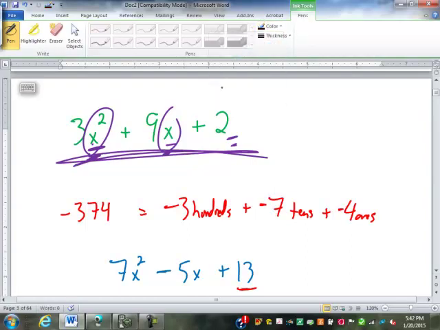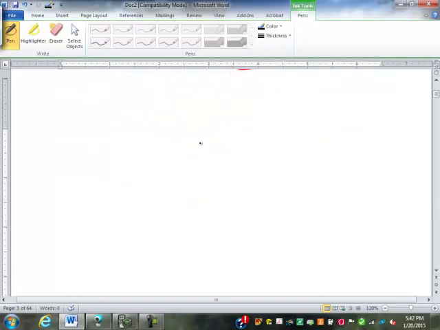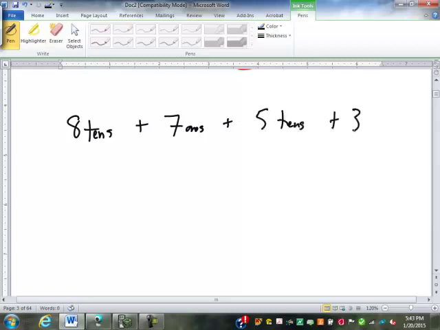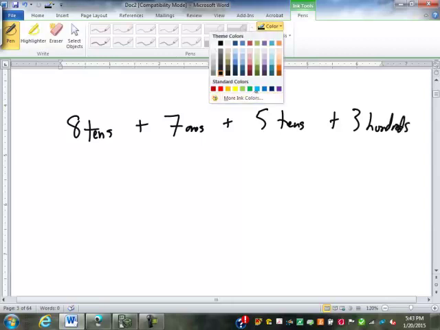So now as we work with these algebraic numbers, the same rules that we use for whole numbers are going to apply. If I just had a bunch of random digits thrown out here, like 8 10s and 7 1s and 5 10s and 3 100s, is there anything I can do with that?